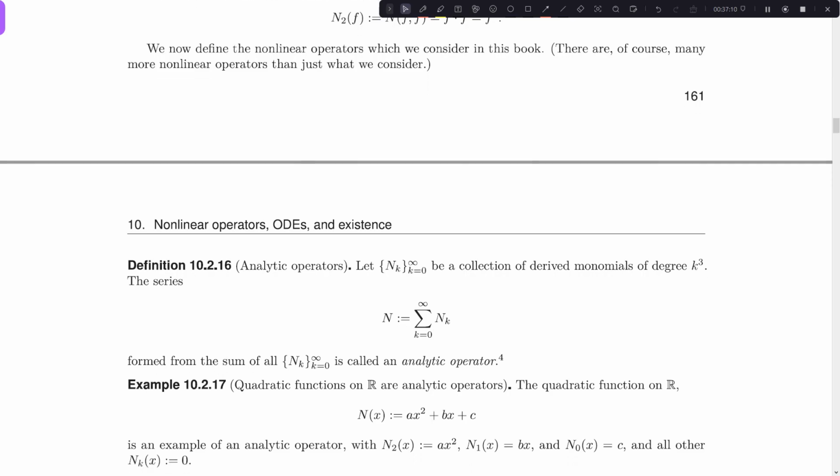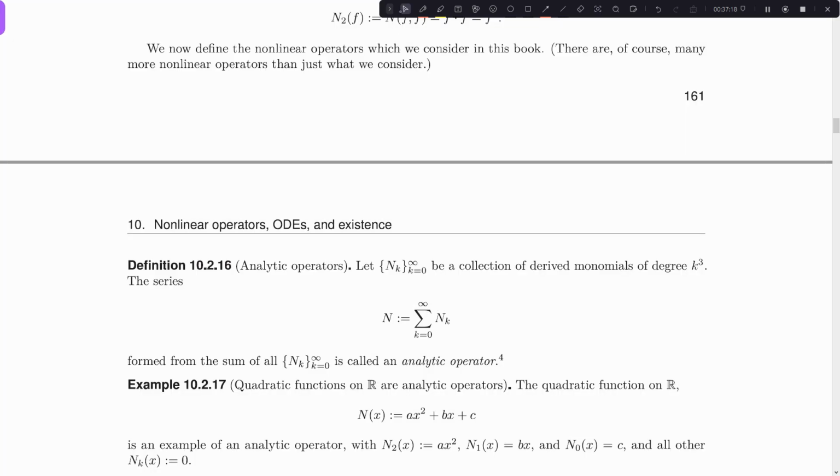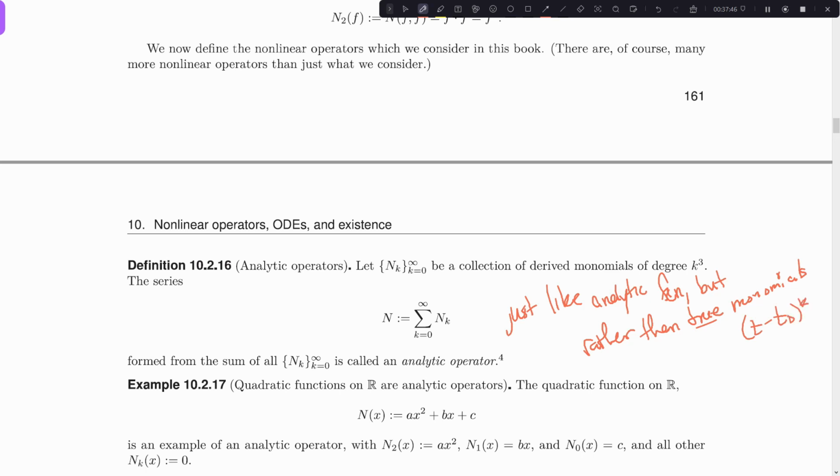So an analytic operator is just like an analytic function, except rather than having a sum of infinitely many monomials, but rather than true monomials, which were our analytic function monomials, something like t minus t naught to the k over k factorial or whatever, those are monomials.